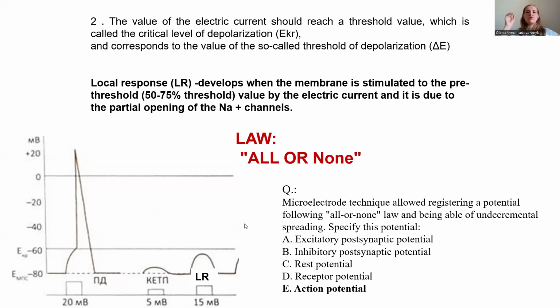This is a value of our irritant equal to 50 or 75% of the threshold level. Like here you see minus 80 is the state of rest, minus 60 is the threshold. This means that in this case we should use not less than 20 millivolts.